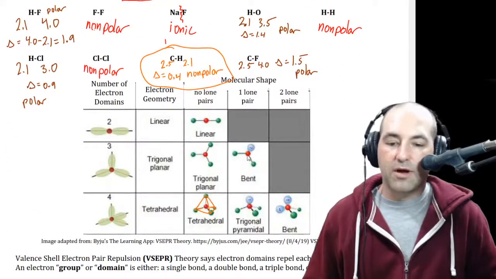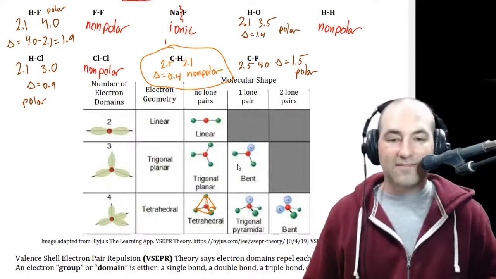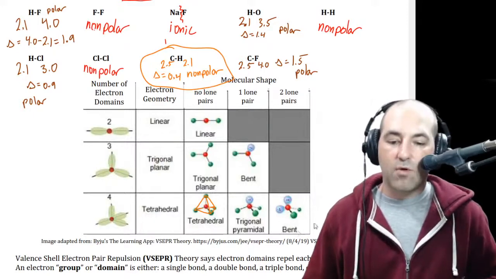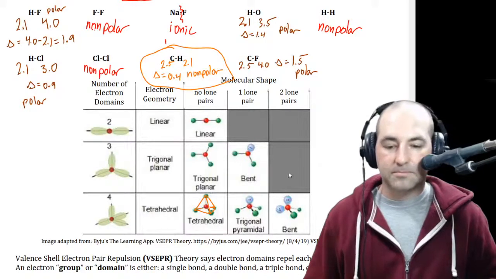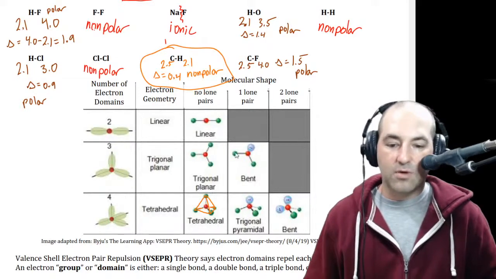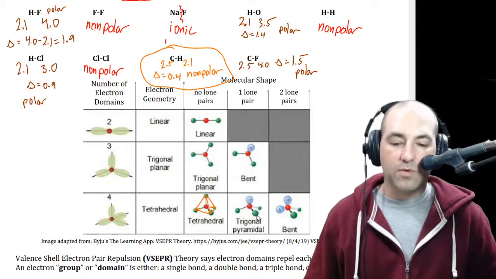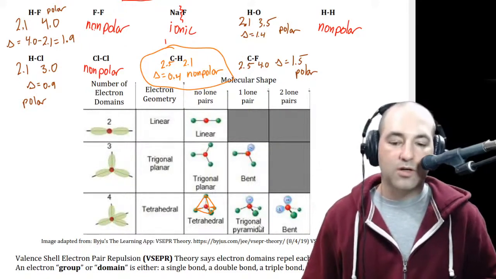When there are lone pairs on that central atom, because we don't see them, we get a slightly different looking shape. In the case of water, we have 4 groups, a tetrahedral orientation, but we only see 2 of them, so that shape ends up being called bent instead. And if we had only 1 lone pair, we'd have 3 atoms, and that shape is called trigonal pyramidal.